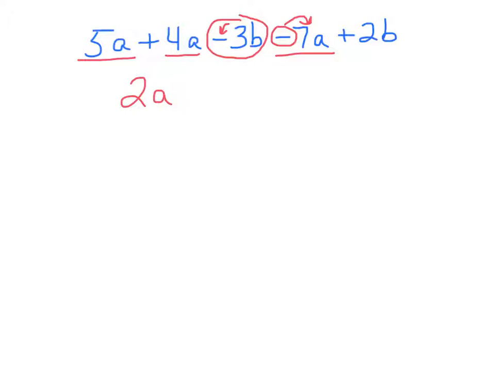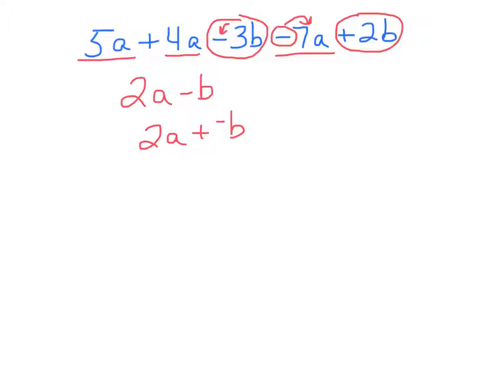So I have negative 3b plus 2b, which is a negative b. So I could write that as either 2a subtract b, or since it's a negative b, if I wanted to, I could say it's plus a negative b.